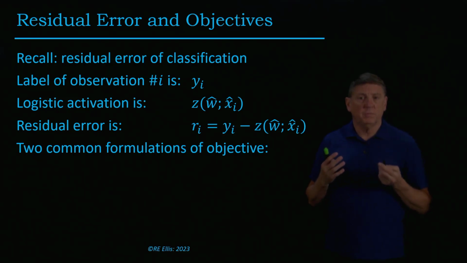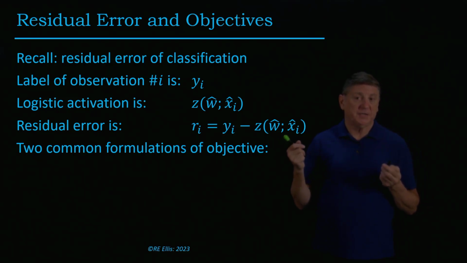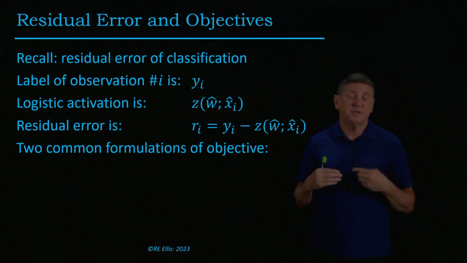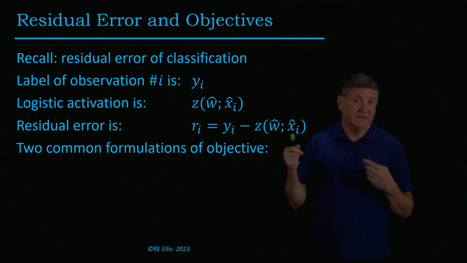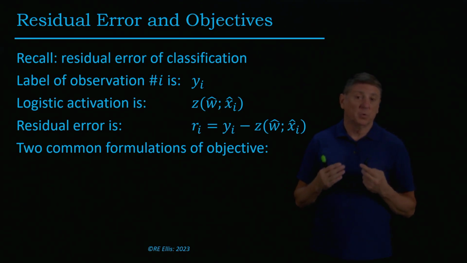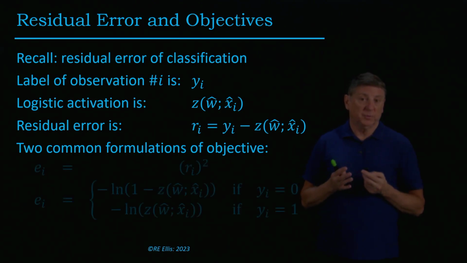There are two common ways of managing this residual error, and by managing I mean combining residual errors from a whole bunch of data vectors into a single number that we can manage.